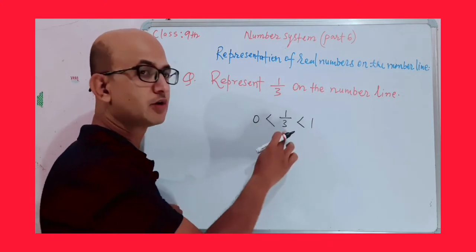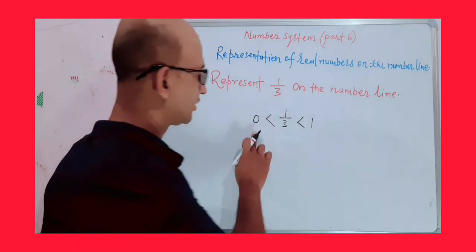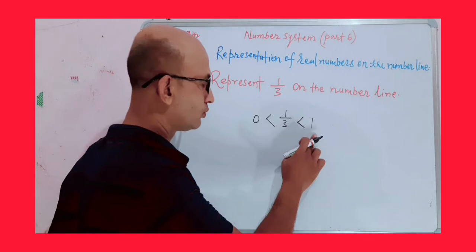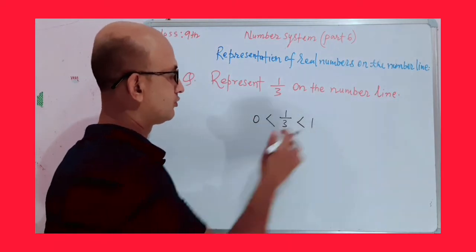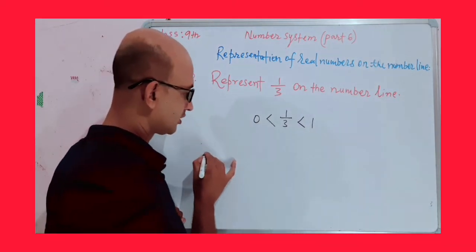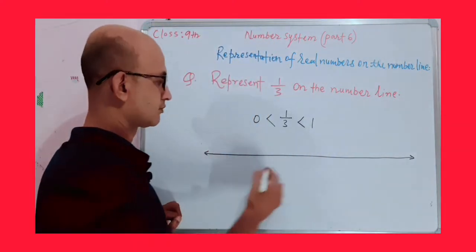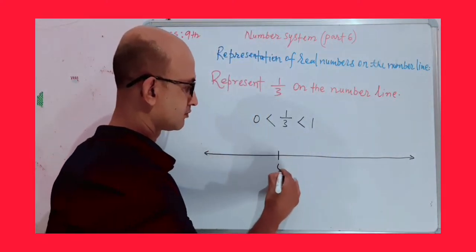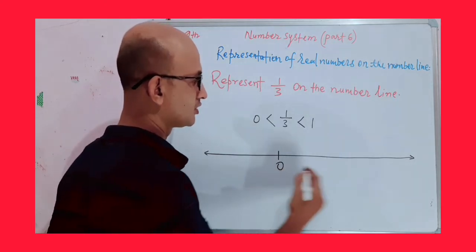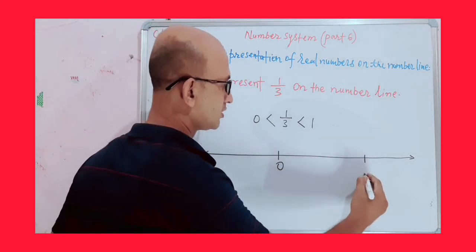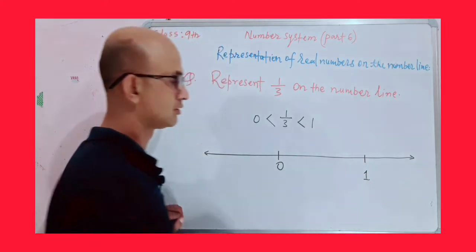Therefore, to represent 1 by 3 on the number line, first we will represent 0 and 1 on the number line. This is the point representing 0 and this represents 1.